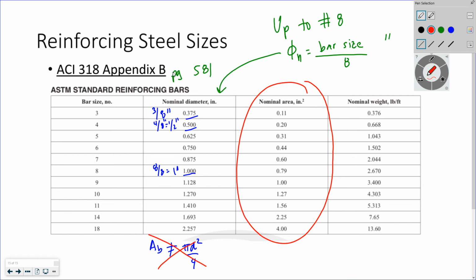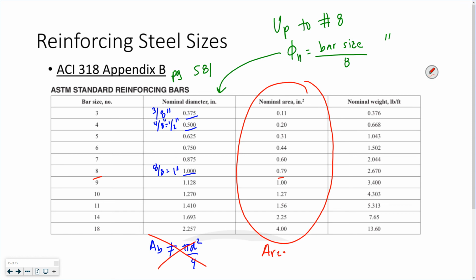You might start to memorize some of them, like a number 8 is 0.79 inches squared. This is the area of the bars of the steel. Number 8 is 0.79. That's one that you might end up using a lot. And a number 9 is 1 square inch.